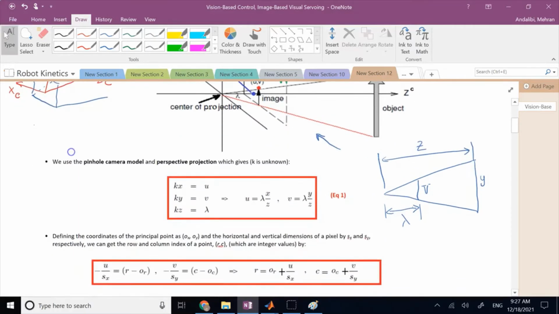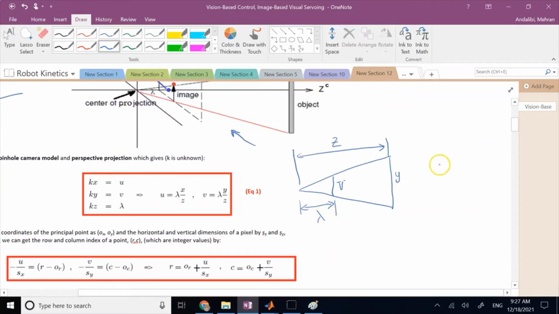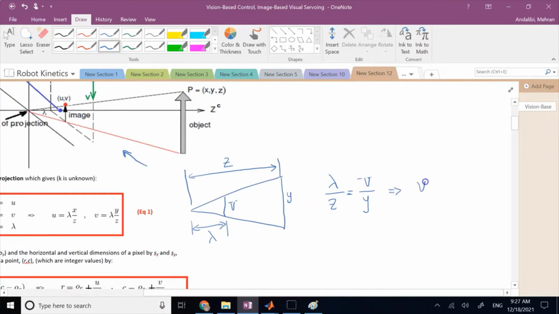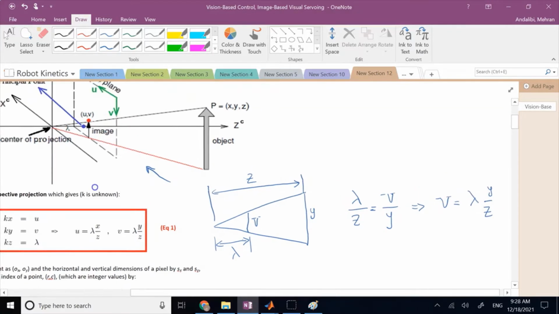So when the two triangles are similar, it means lambda over Z is equal to V over Y. And if you cross multiply, V is going to be lambda Y over Z. And so this is your vertical coordinate in the image plane, V.